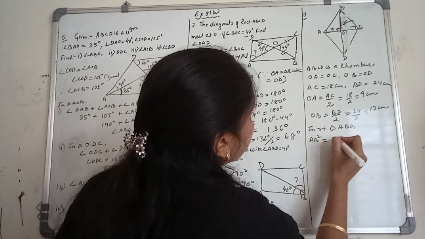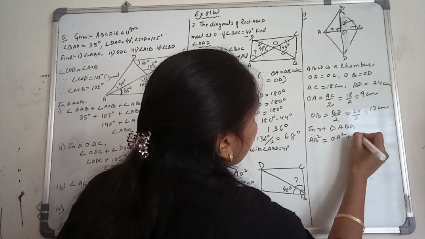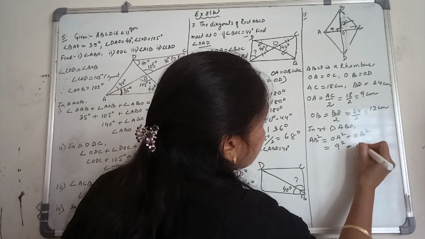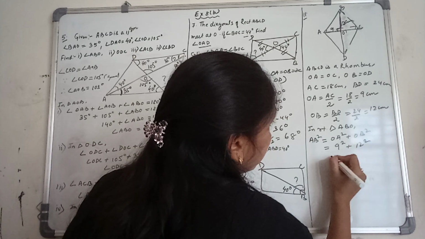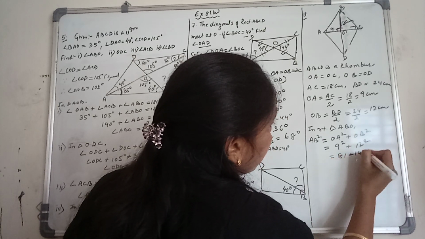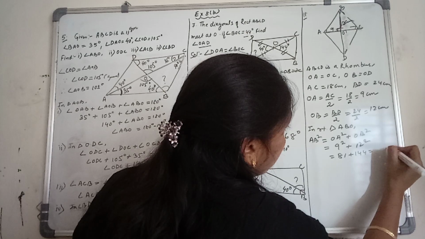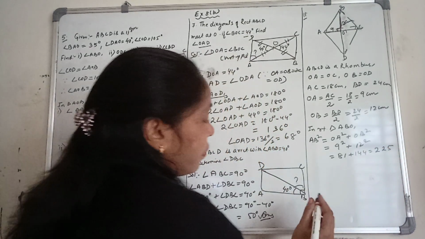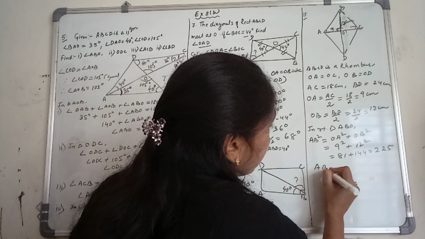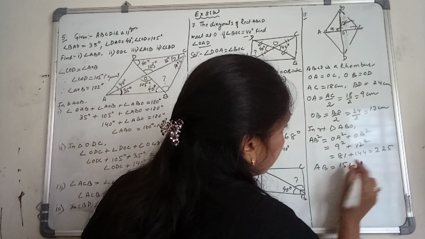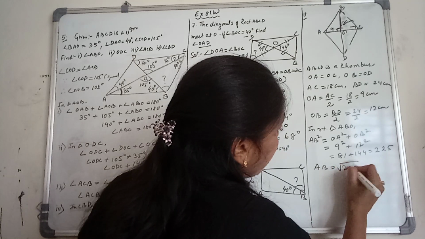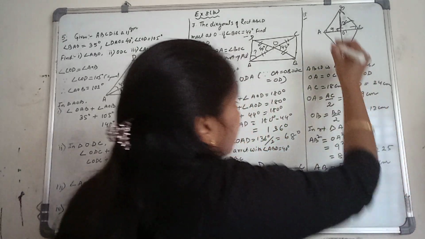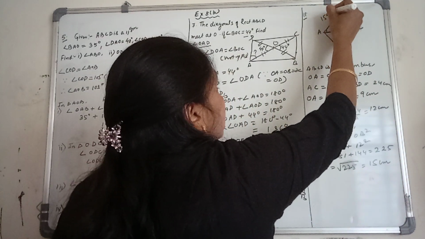AB square is equal to OA square plus OB square, which is 9 square plus 12 square, equal to 81 plus 144, which is 225. So AB is equal to the square root of 225, which is 15 centimeter.